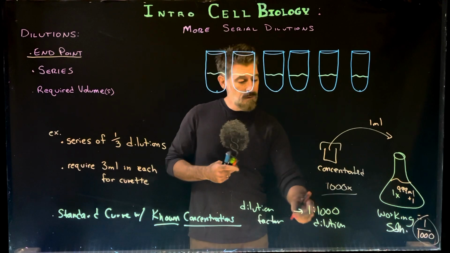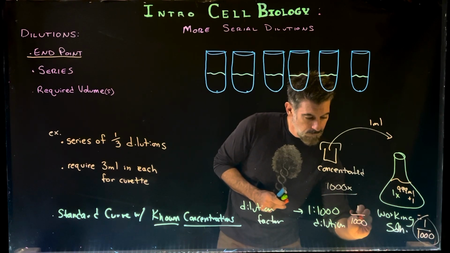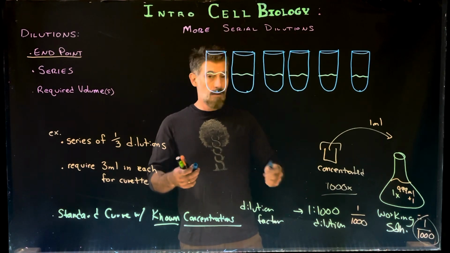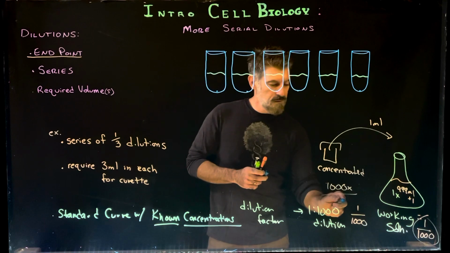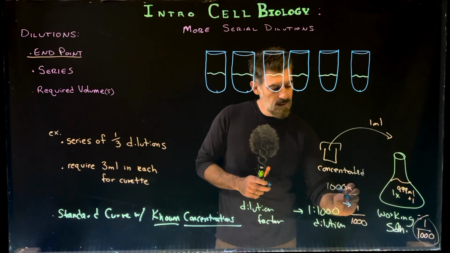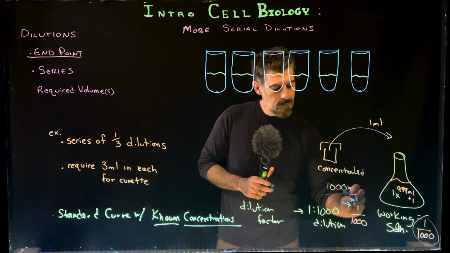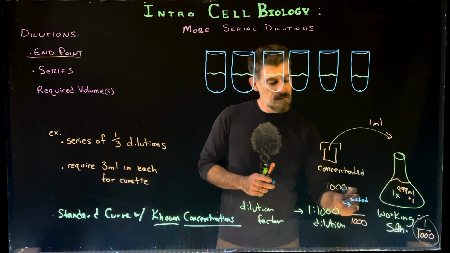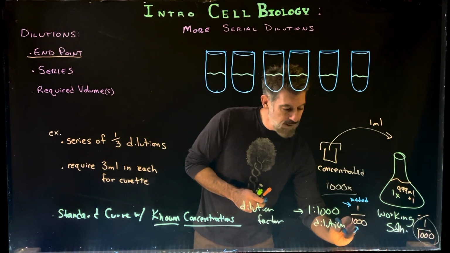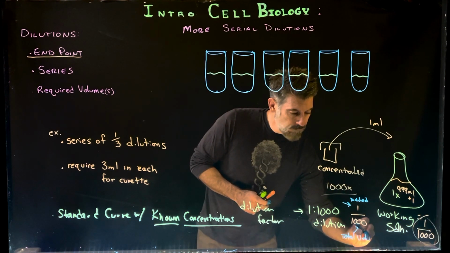Typically when we see and we write the dilution like this, we could think of it also in terms of volumes. Now we can do conversions, but if we go straight to volumes and just keep it that way, the top is the amount that we add. So that's the volume added. In this case, it's 1 mil. And the bottom number is the total volume.